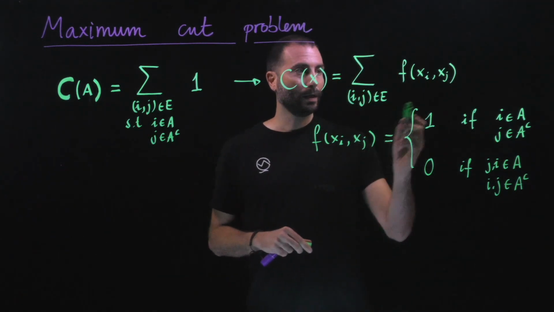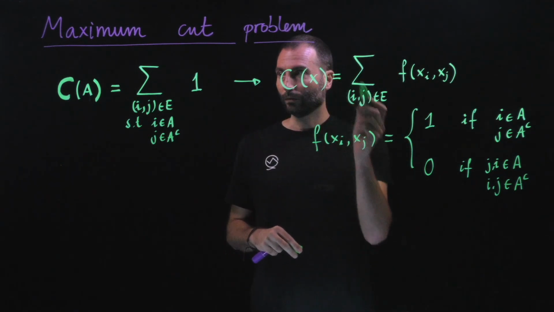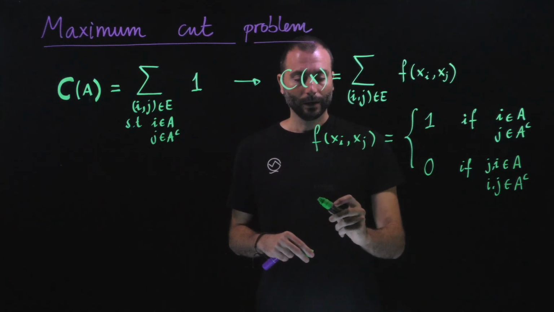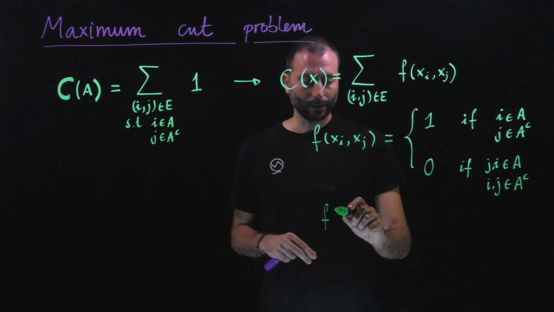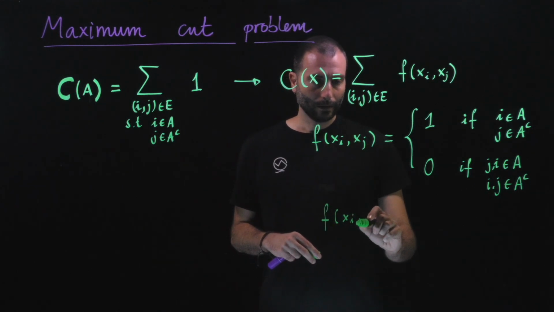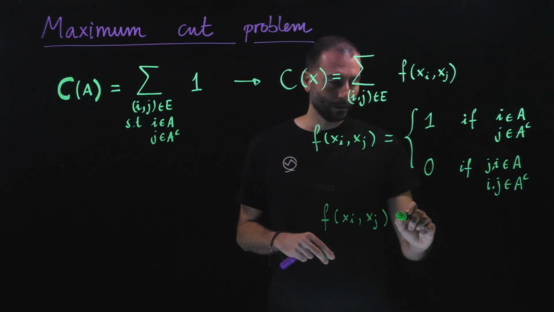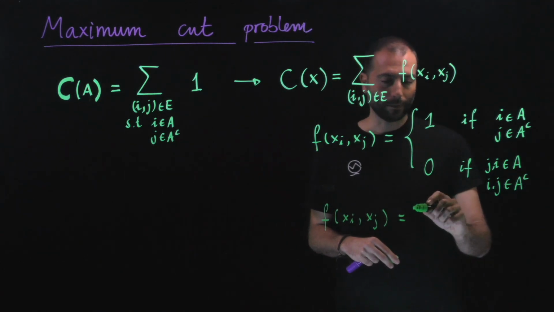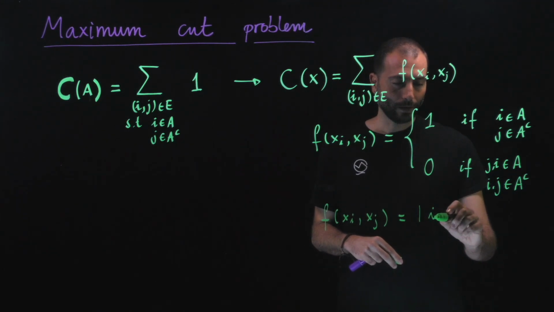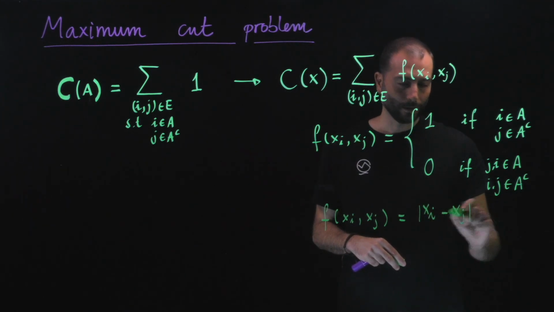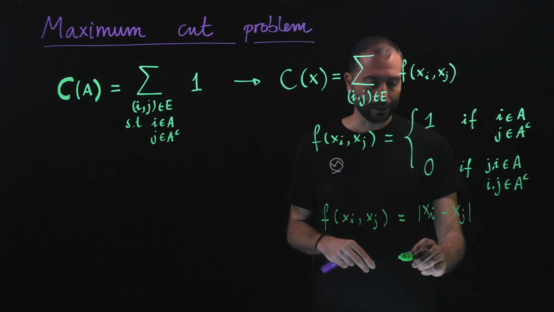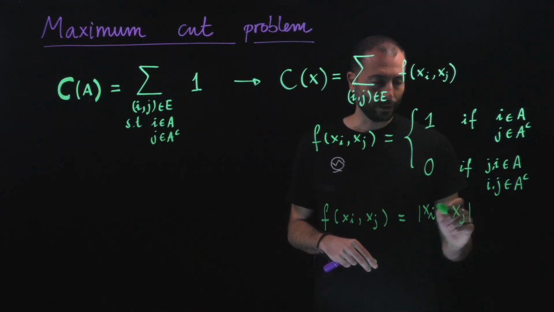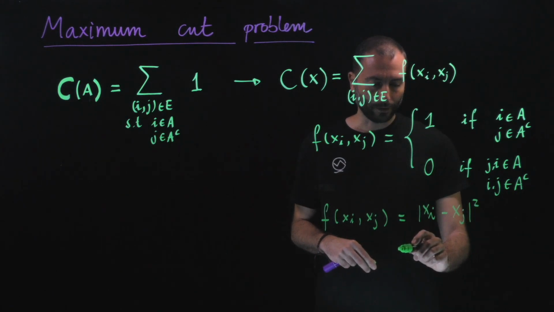So notice that one way to derive this function is that it could be, for instance, the absolute value of xi minus xj. Or as we are dealing with a QUBO problem, it would be even easier if we just take the square of this function.